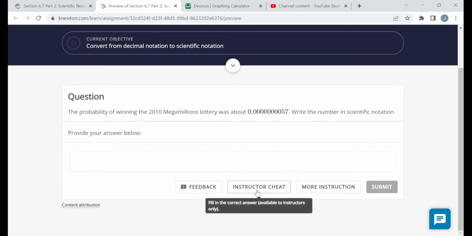You will not have this instructor cheat button. It's for instructors only. But you will have a more instruction button. If you're struggling with a topic or a question, click on this and you'll be taken to a page with some reading or videos to study, and then you'll be given questions related to that instruction, and completing those questions is another way to progress through the assignment.